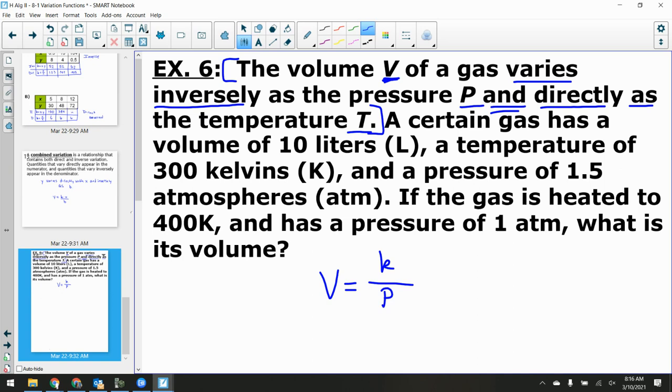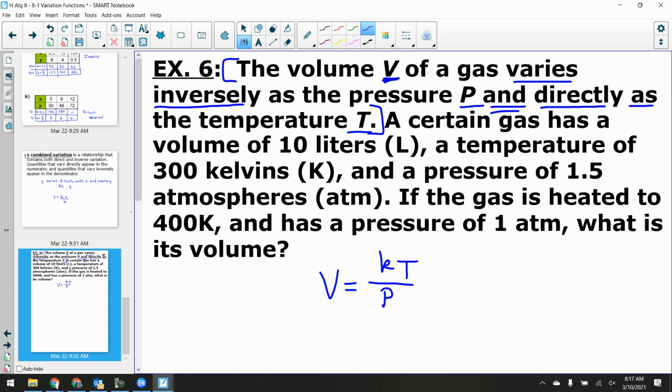You know what a lot of people try to do on this test, or whatever we have, this assessment? You try to split it up and create like two equations. No. It's a combined variation. You combine it into one equation. So if it's varying directly with T, T just goes on top. You would say V is equal to K times T. So it's V is equal to K times T divided by P.